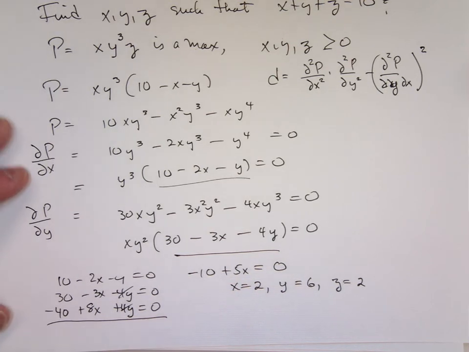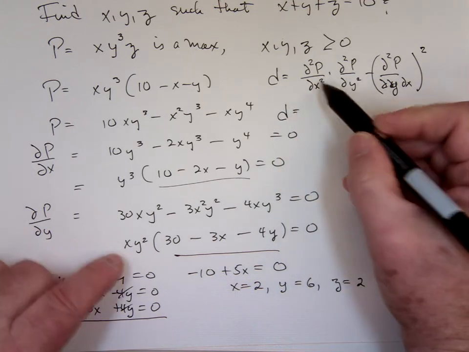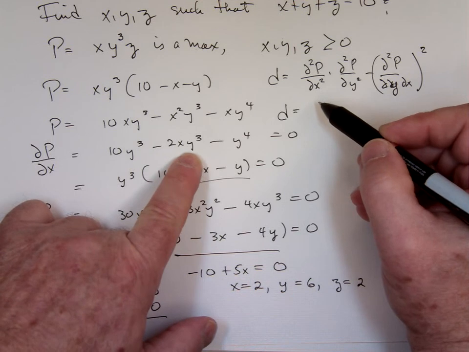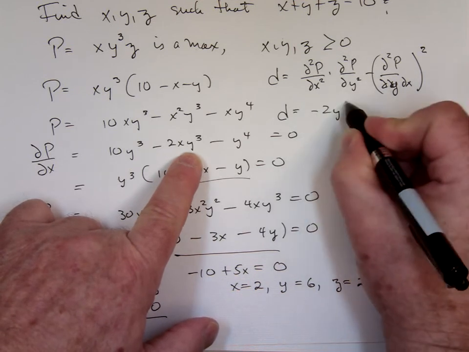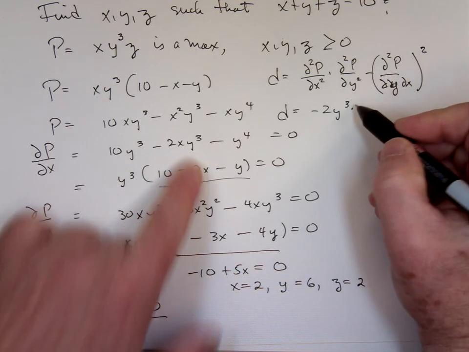Now this is where it gets a little messy here. Second partial of p with respect to x is -2y cubed. That one's not bad. Times second partial of p with respect to y. This one is kind of bad.